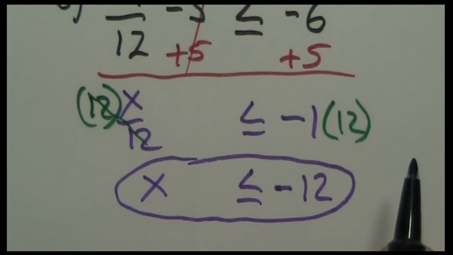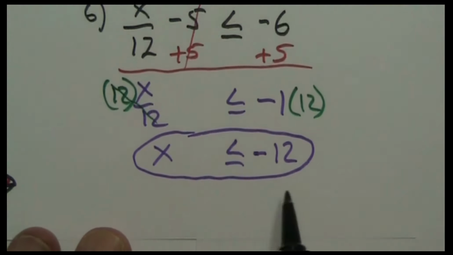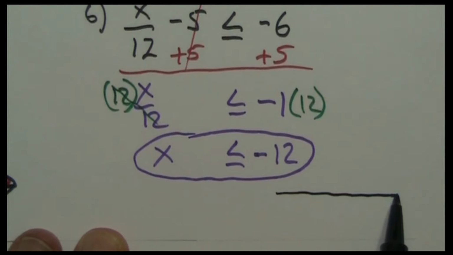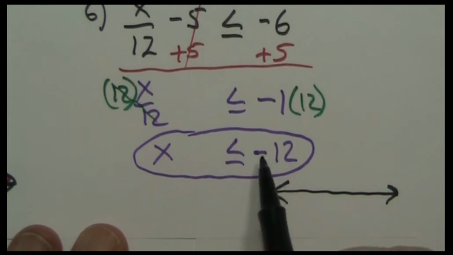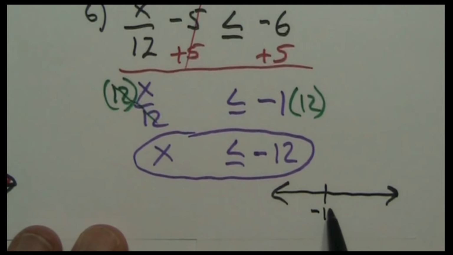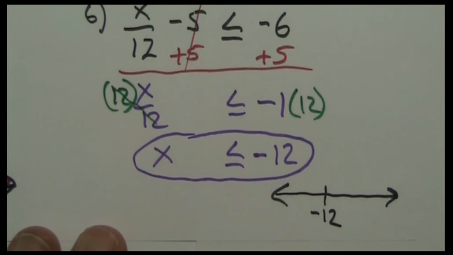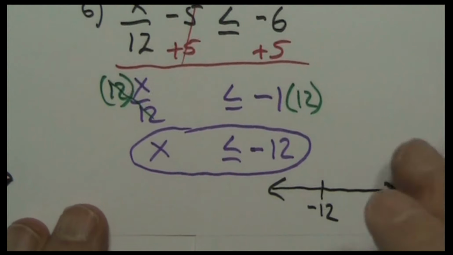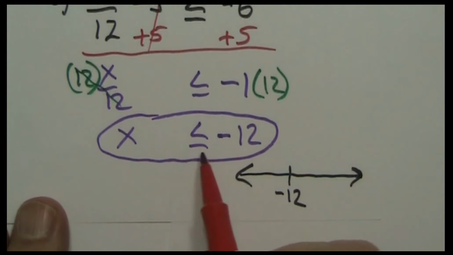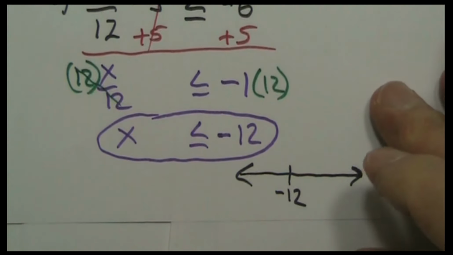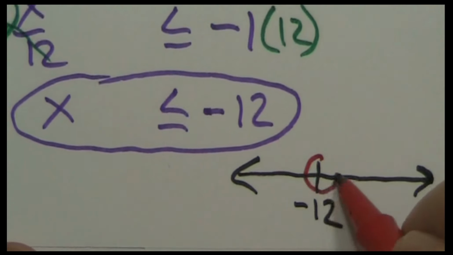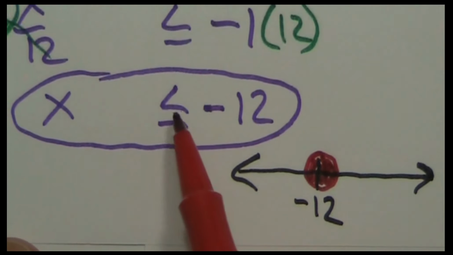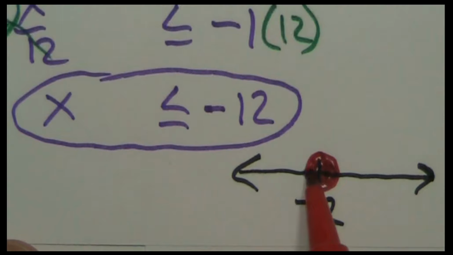So if I was to make a little line graph, just a small, short one. And we have negative 12. Let's see, that would be closed, because it says equals to negative 12. It could be equals. So it could be negative 12, or less than negative 12.